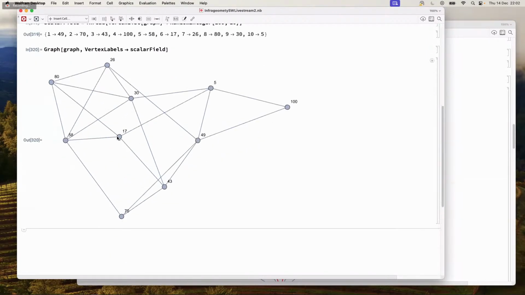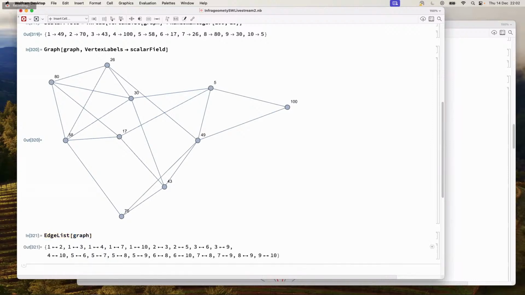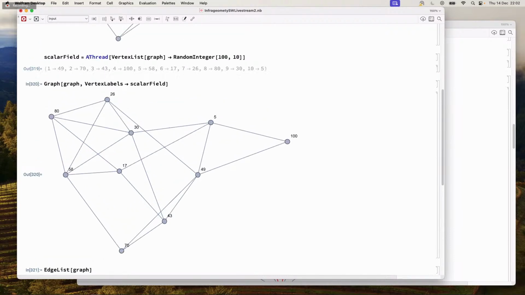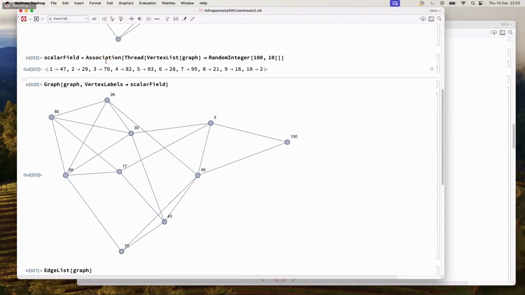So if we take a very simple example of that, so let's do, I don't really know the best way to do this. You're trying to assign a number to every edge? Yeah. Let's make that an association.